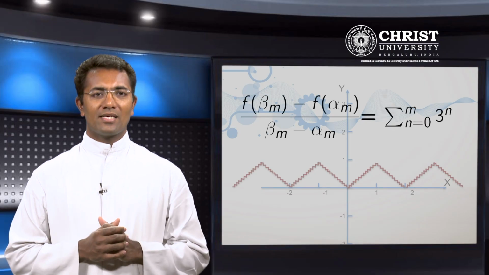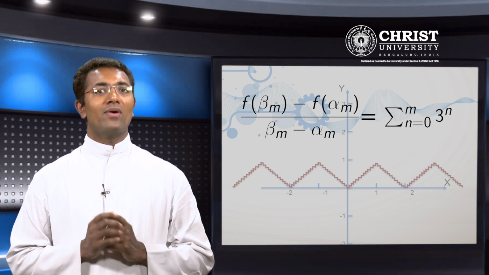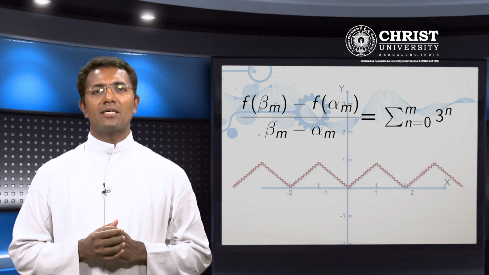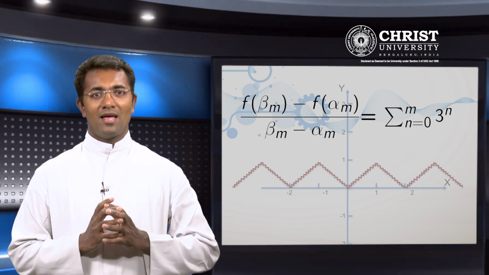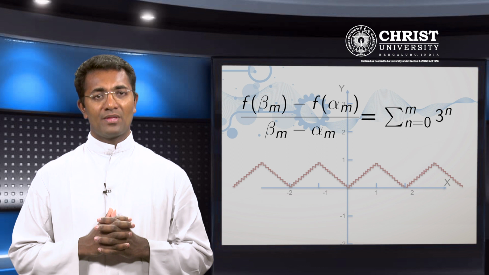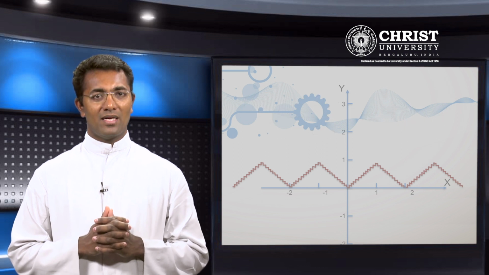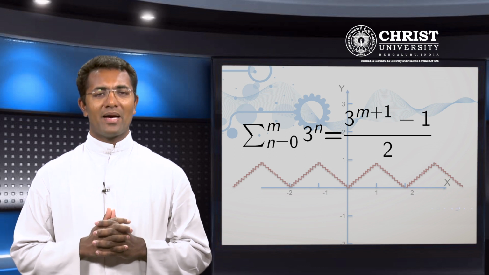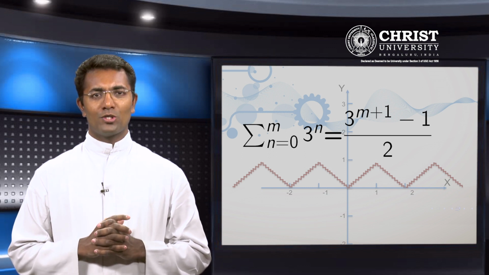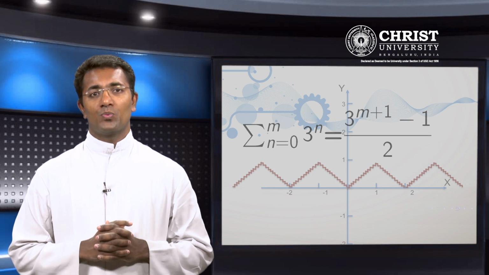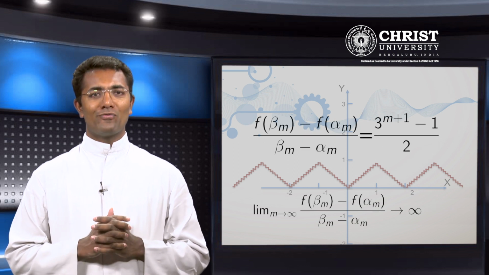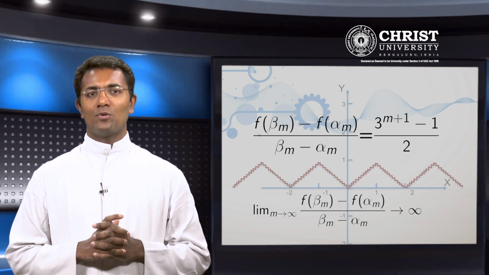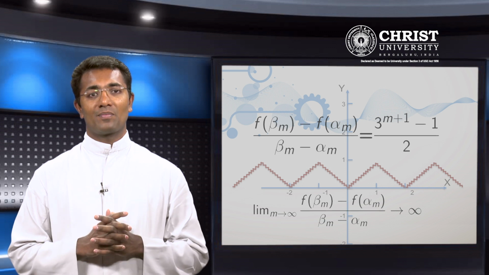Hence, f of beta sub m minus f of alpha sub m upon beta sub m minus alpha sub m is summation n varying from 0 to m 3 power n. That is, it is equal to 3 power m plus 1 minus 1 upon 3 minus 1, that is 2. As the limit m tends to infinity, 3 power m plus 1 minus 1 upon 2 diverges.